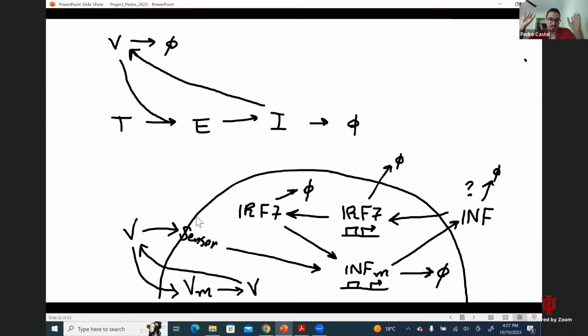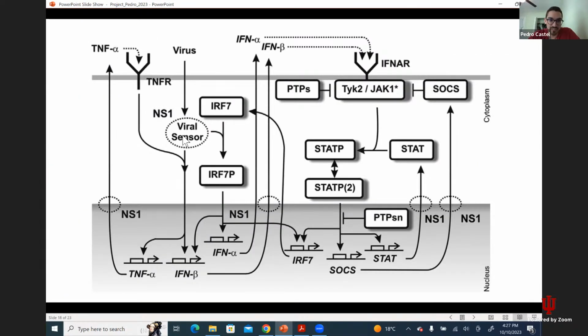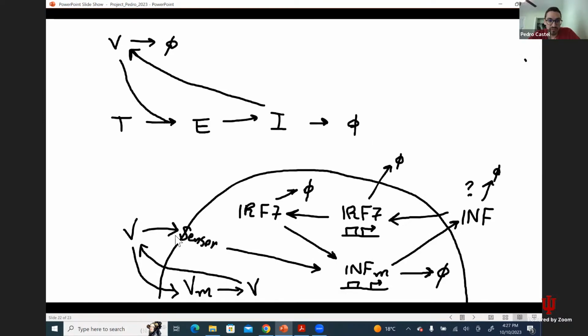So basically, that's this same network here. So there's a virus, there's a sensor, and it promotes the RNA that produces interferon. Okay, so the sensor promotes the interferon RNA. The RNA produces the interferon, and the interferon has this, in this case, small feedback loop through IRF7.